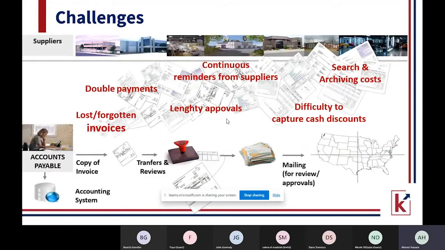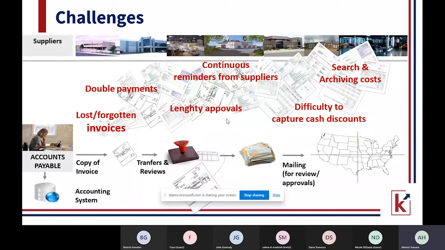So typically, if you have manual processes, especially in AP, you are probably encountering some of these issues. I gathered this list from our customers; we do a survey before partnering with any customer. We notice sometimes there are double or duplicate payments.